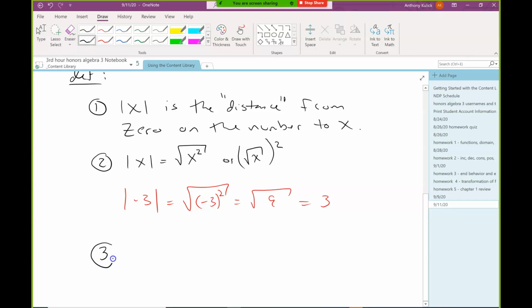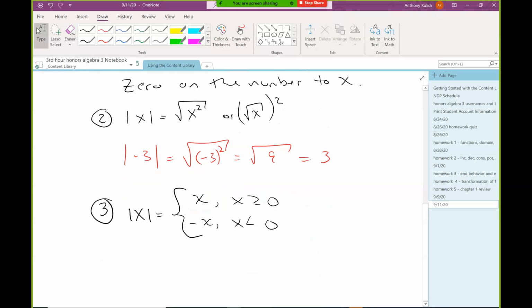The third way that we might define this is also an algebraic way, but it's using what's called a piecewise function. So in a piecewise function, we're going to define the function with a different equation for a specific part of its domain.